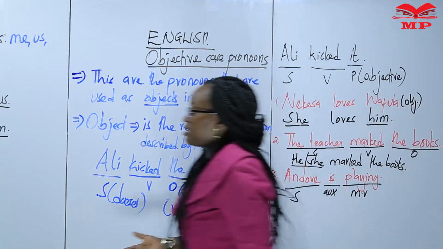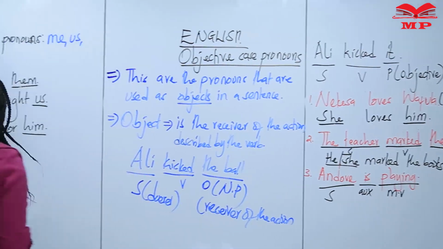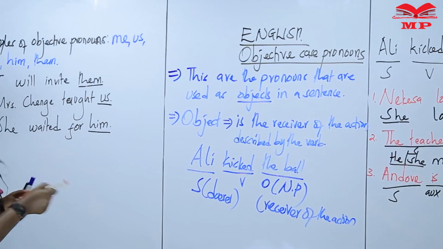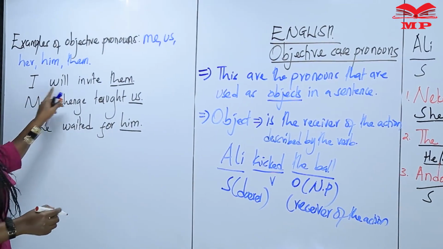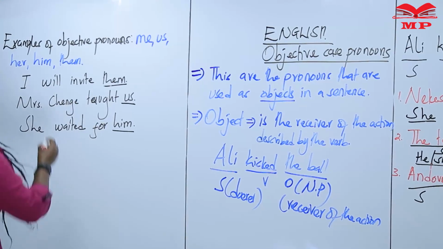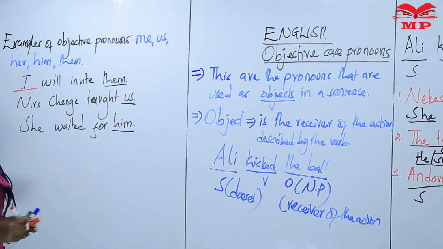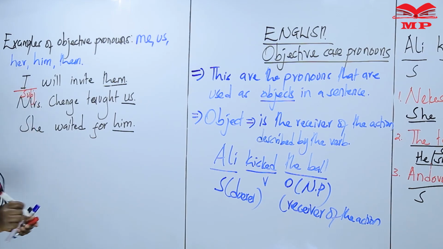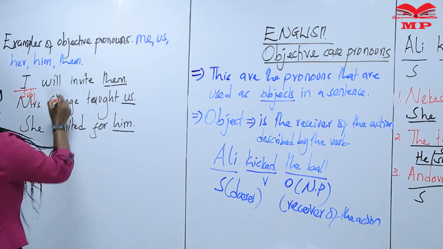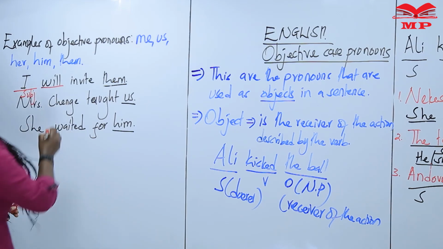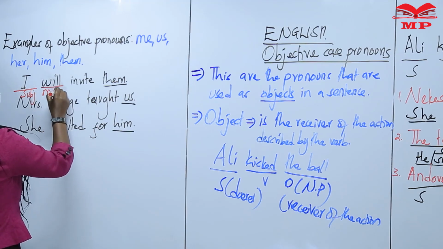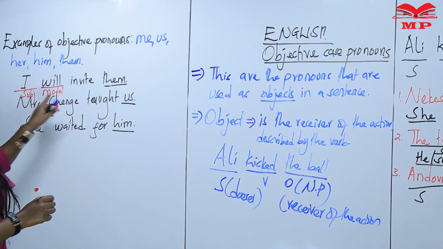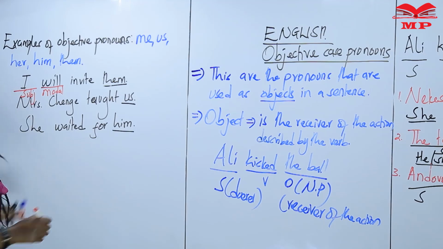Also look at the sentences that we have here. Let me use this pen so that it's clear for you. I will invite them. I is a pronoun, but in this case it is in the subjective case. Will is a modal auxiliary verb to express something that will be done sometime in the future.